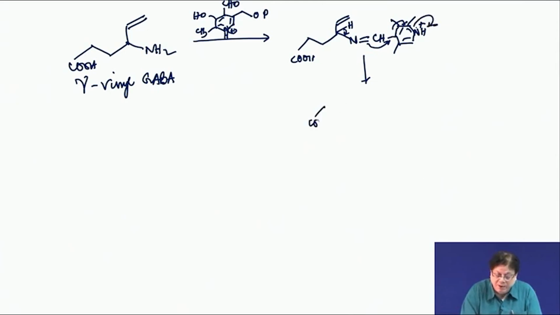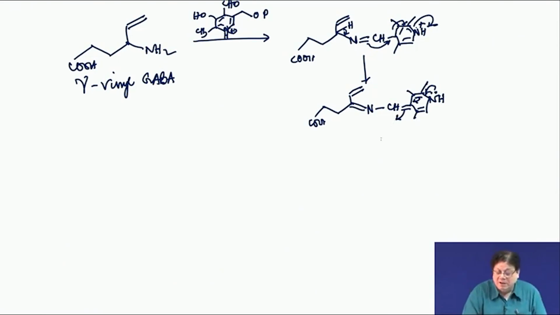So, you have CO2H and then you have a double bond here, N and CH, and then the pyridine is no longer aromatic. So, it will be like this. Now, it regains the aromaticity by pushing back again, but the hydrogen that is taken up is at the CH2.